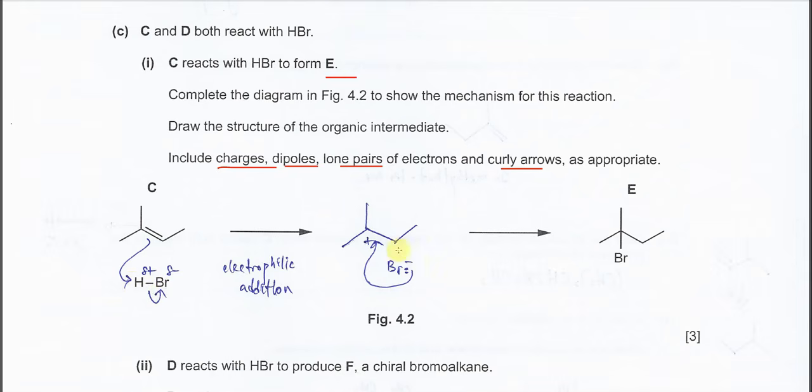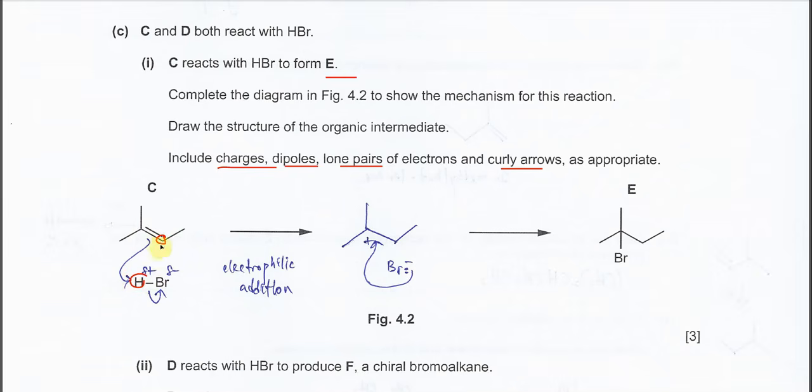After that it will form bromide, and of course it will form a carbocation. Following Markovnikov's rule, we know that the hydrogen will bond to this carbon because this carbon has more hydrogens than the other carbon.